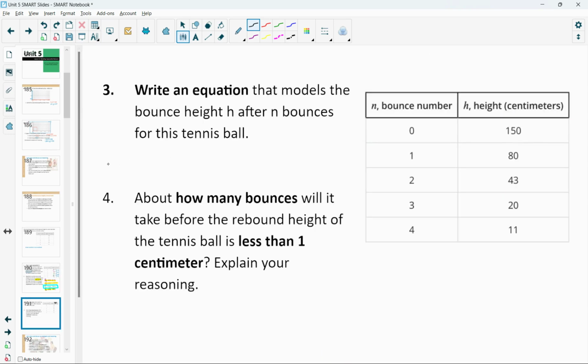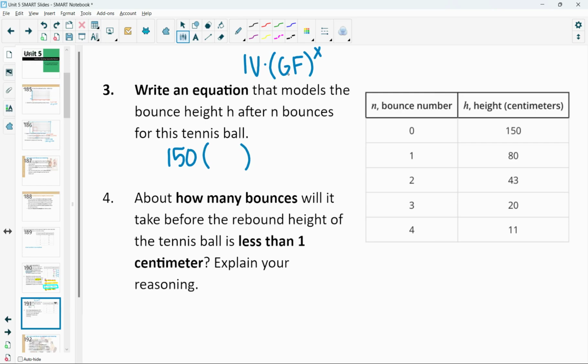Write an equation that models the bounce height h after n bounces for this tennis ball. So in writing your exponential model, right? Our exponential equation uses an initial value, and then you have a growth factor to an exponent power, right? So our initial value in this case is 150 centimeters.